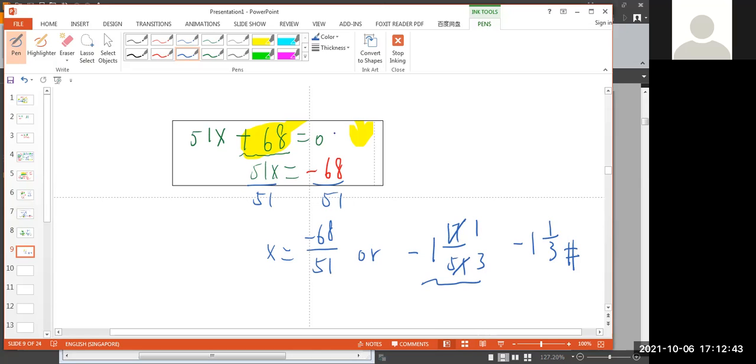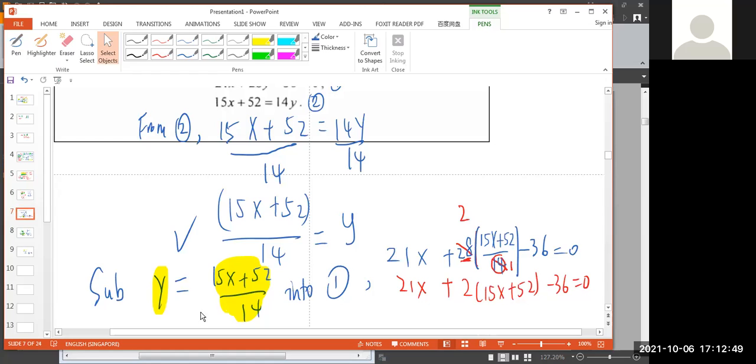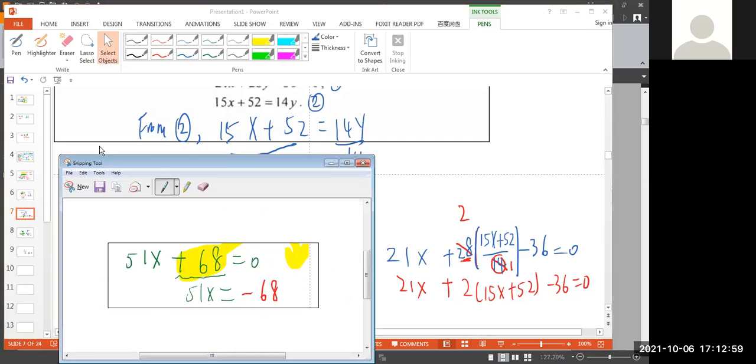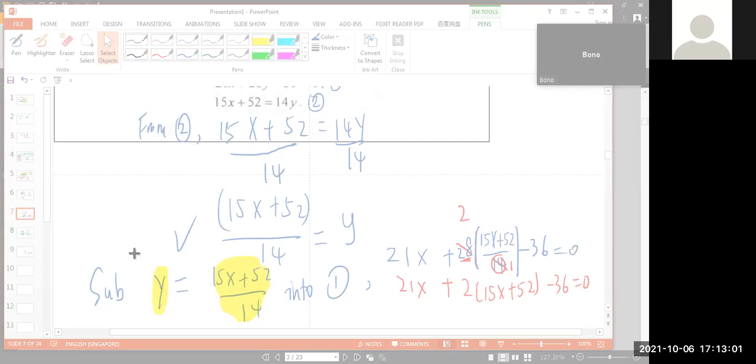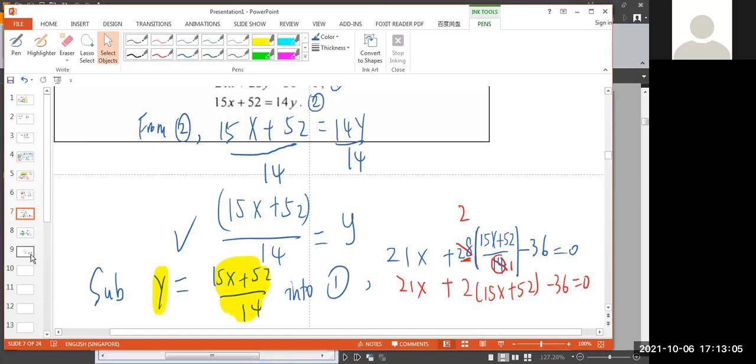So once you get x equals to this, I hope you can see that. Then from here, our y is equal to 15x plus 52 over 14. I cannot remember it because it's too much, so I just get it over to here.